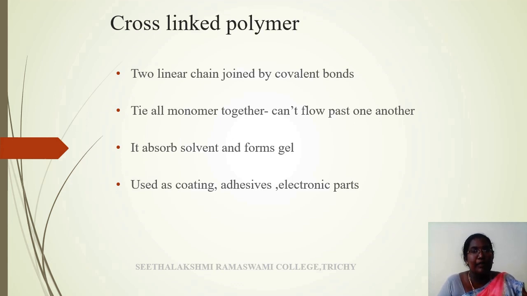If we put it in a solvent, mostly it doesn't dissolve, but it absorbs the solvent and forms a gel. These gels are used as coatings, adhesives and electronic parts. For example, all switches are made of bakelite. Bakelite is a good example of a cross-linked polymer.